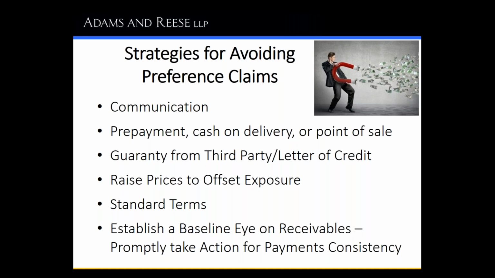You also want to be, as I said, with the 90-day preference exposure, monitoring the 90-day look-back period. With that in mind, watch your receivables, get a sense, as Angela said, of how payments are being made, when they're being made, in comparison to when invoices go out, and whether that customer is sticking to the terms of your contract, and just your general history.